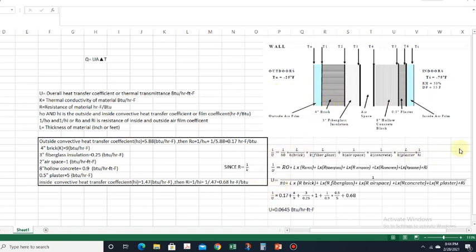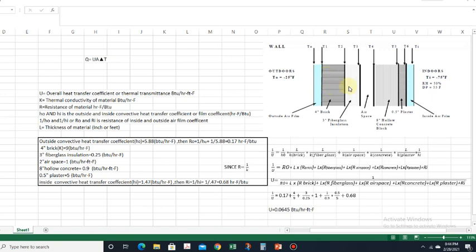Let's take the first equation. We can also derive this first equation in terms of resistance. As we know, if the ability of the material to conduct the heat is good, that is more, then the resistance capacity is less.